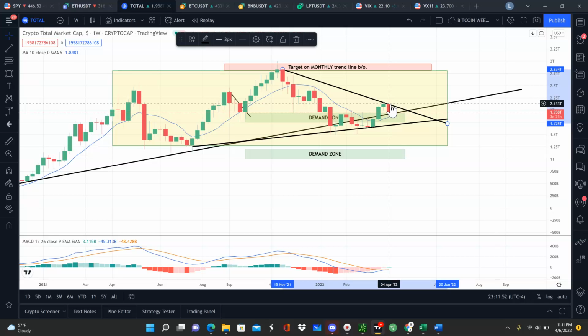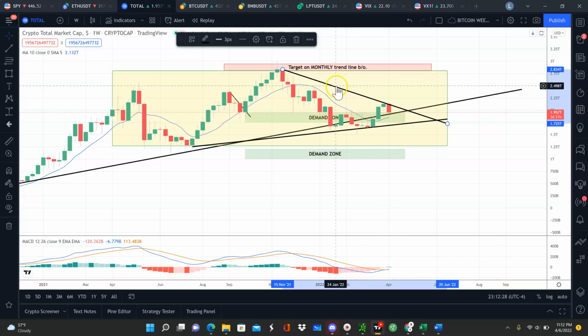About that 2.12 area, or really 2.13, that's where it failed over the past two weeks. And then it's come down into this demand zone, and so far it's holding for this week. As far as the downside is concerned, 1.66 trillion. So a bit of a bigger range here on the weekly chart than what we saw on the monthly chart, with the monthly time frame.